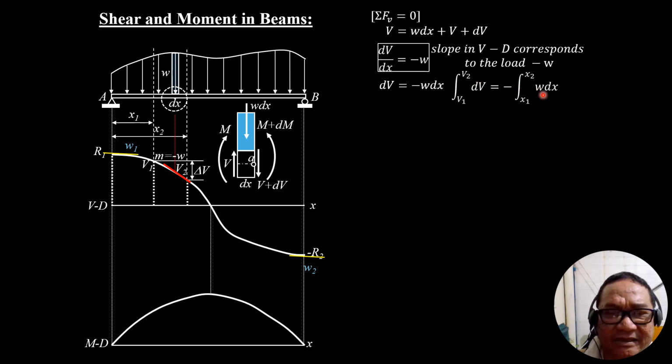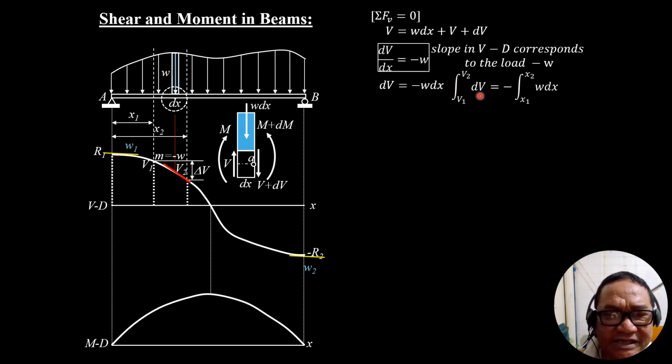And the right side, take note, integral of W dx is the sum of the product of W and dx, because we interpret this geometrically as the area of this strip. So that means the right side is the sum of these areas of strips. So the right side therefore is interpreted as simply the area of the load diagram between x1 and x2.